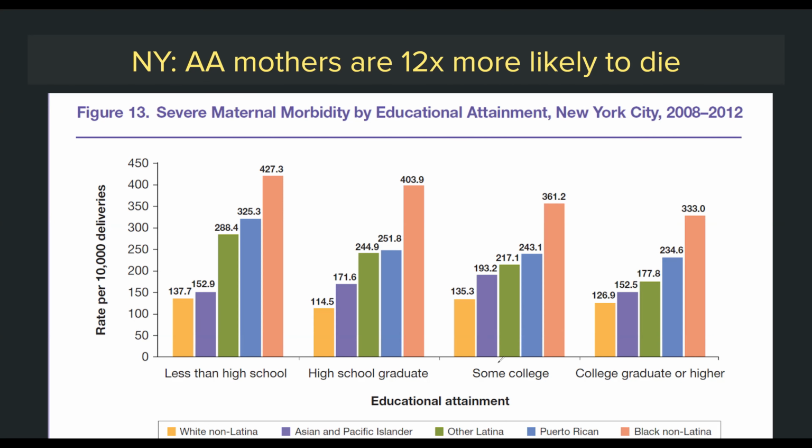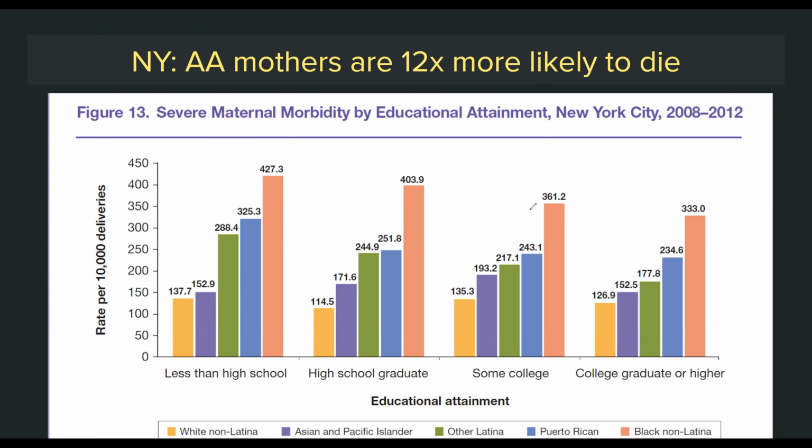And if we look at this, in New York City, with some of the highest rates of segregation in the United States, African-American mothers are 12 times more likely to die from a pregnancy-related cause. And you can see that the Black non-Latina mothers are in the red, white in the yellow.